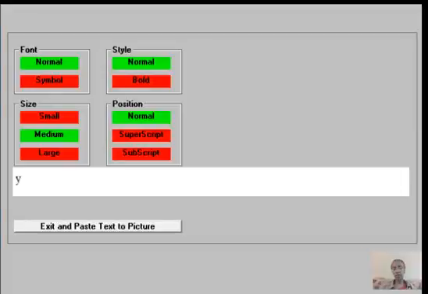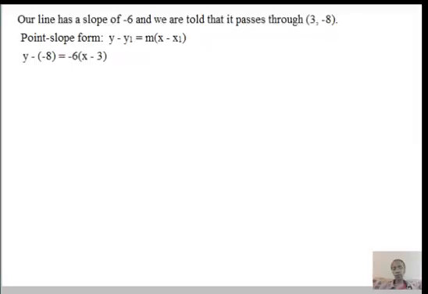Okay, so we're going to replace y1 with -8, m with -6, and x1 with 3. And that's actually our point slope form. Typically, we're going to get rid of double negatives.